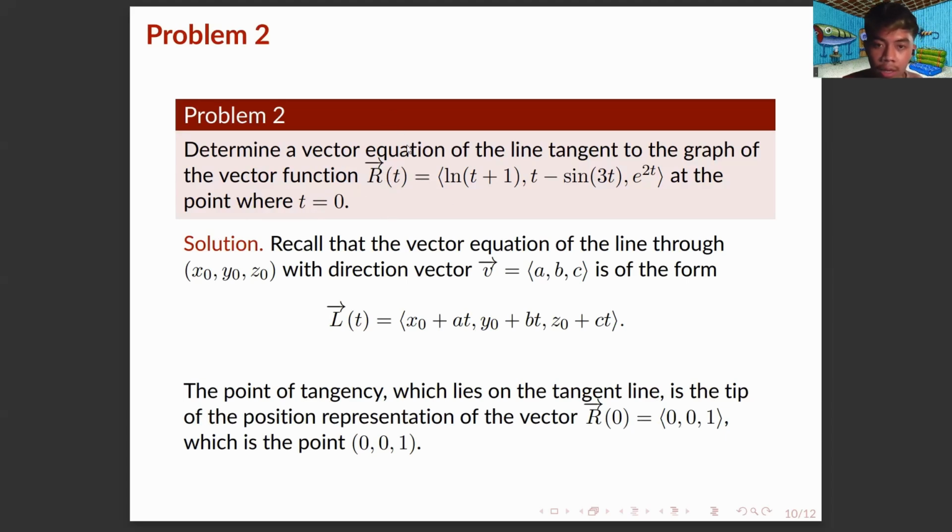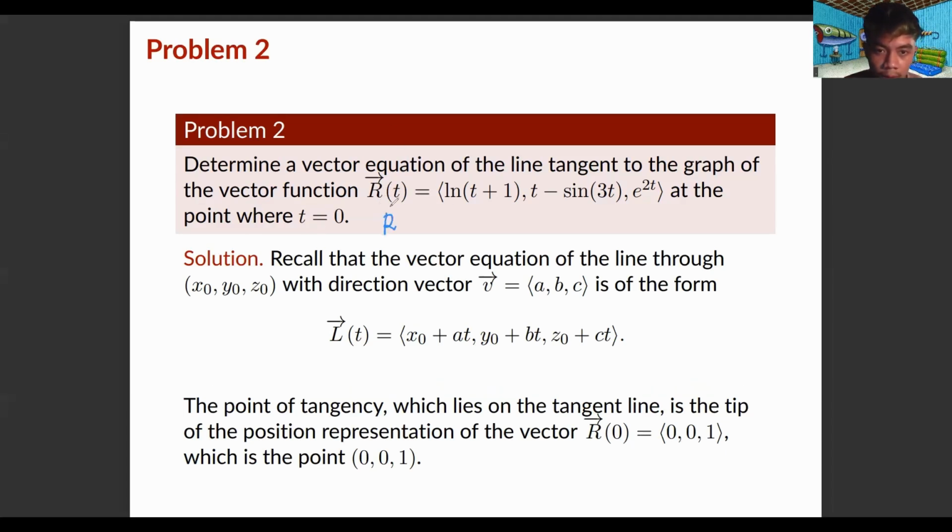So we have here r of 0. So solve natin. r of 0, which is equal to ln of t plus 1. So that is equal to 0 plus 1, which is 1. For the second component, we have 0 minus sine 3 times 0, which is 0. So we have negative sine of 0.